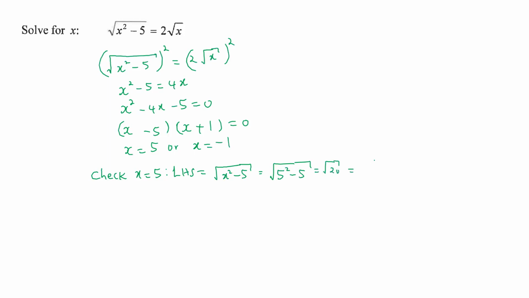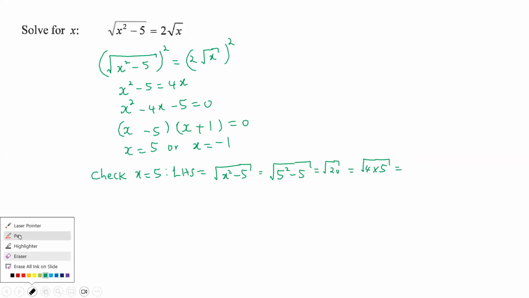Square root of 20, and the square root of 20 can be seen as exactly the square root of 4 times the square root of 5.